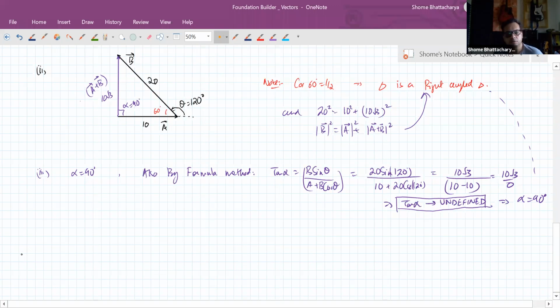Next example. Now this one you try out completely yourself. So magnitude of A is given to us as 70. Magnitude of B is given to us as 50.